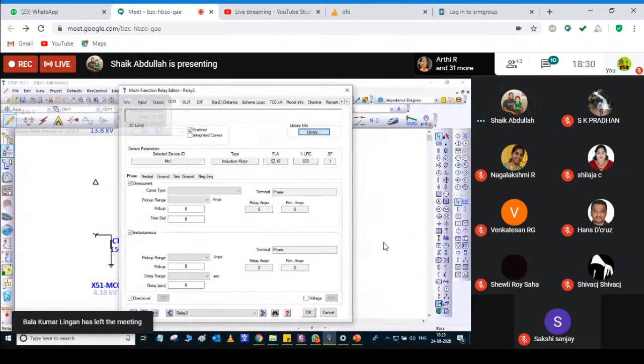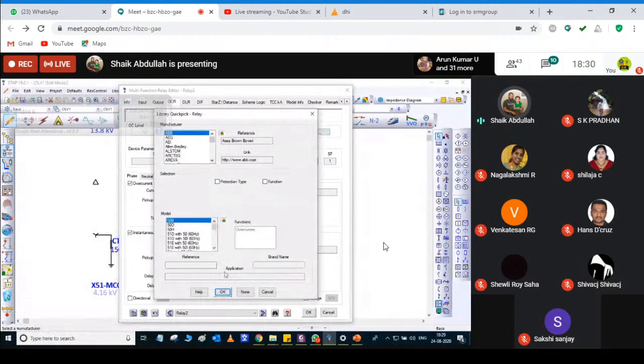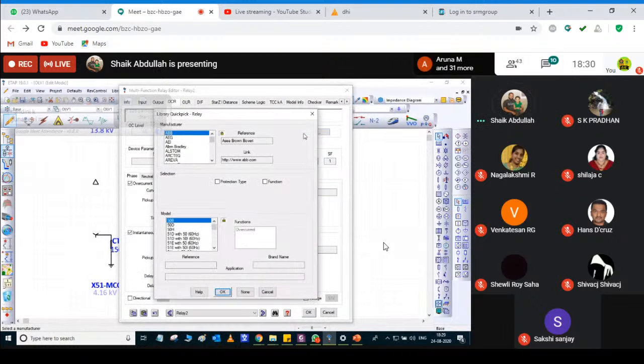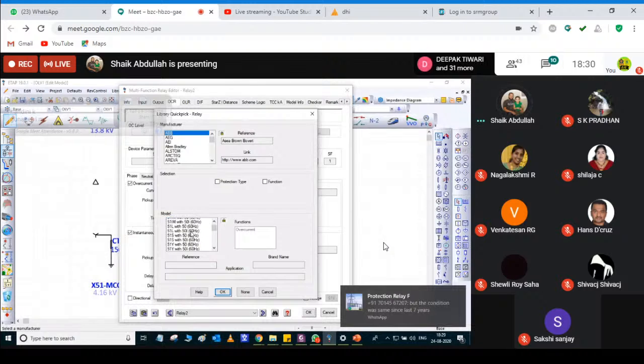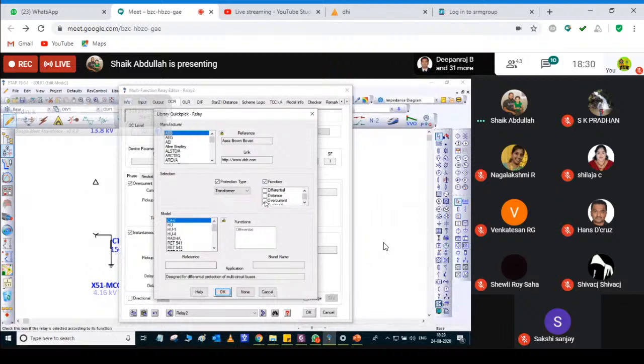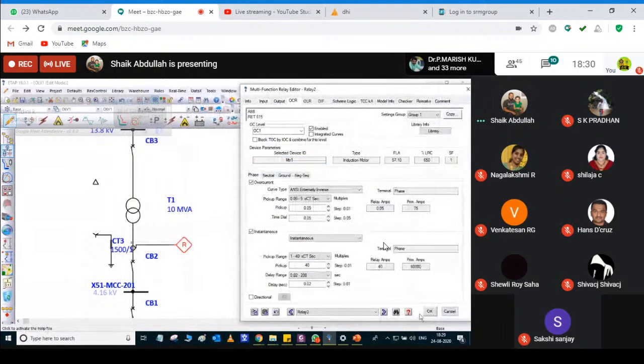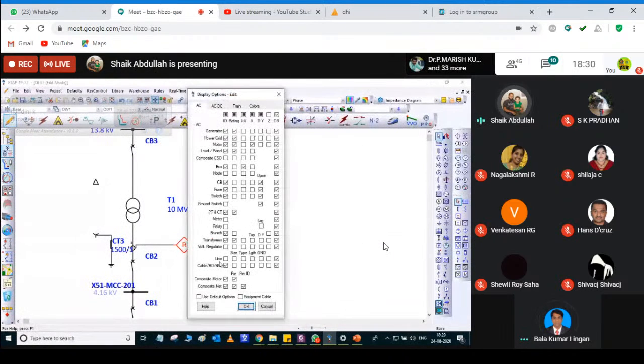See, the default is taken as 615. Device ID, need to... wait a minute, let me check the relay value.